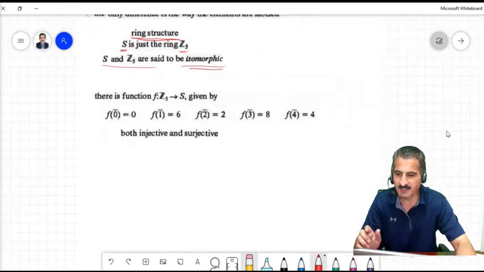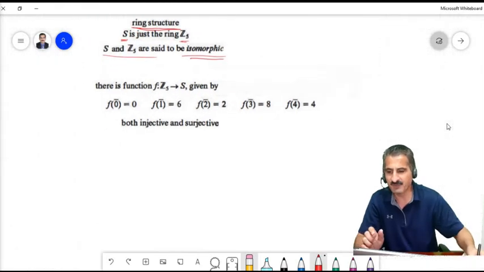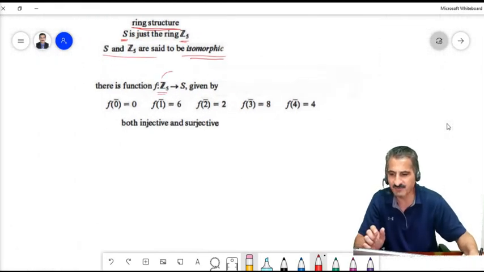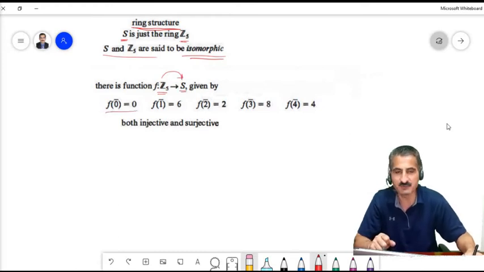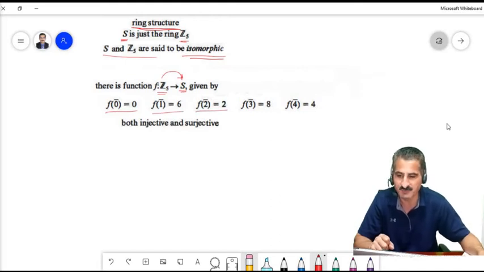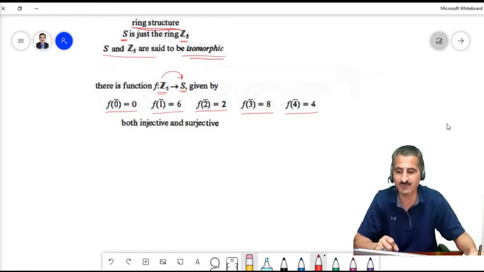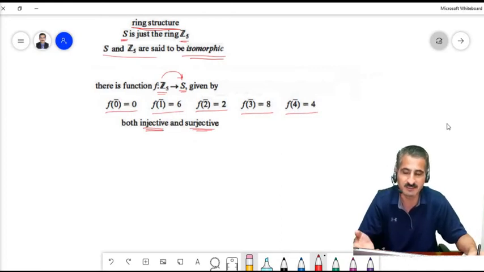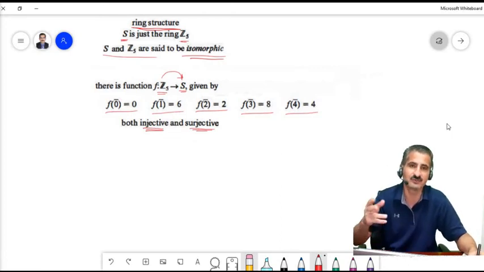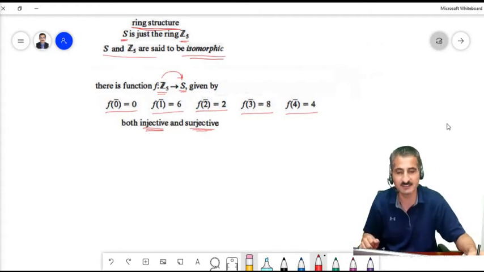Again, the relabeling is a function that starts from Z5 and goes to S by saying f of 0 bar is 0. This is the labeling we have done. f of 1 bar is 6, f of 2 bar is 2, f of 3 bar is 8, f of 4 bar is 4. And this function is both injective and surjective, clearly, right? Because S consists of 0, 2, 4, 6, and 8.